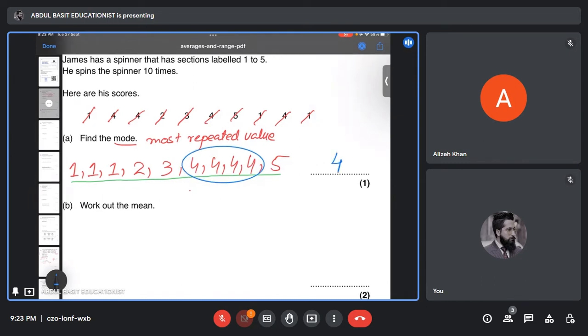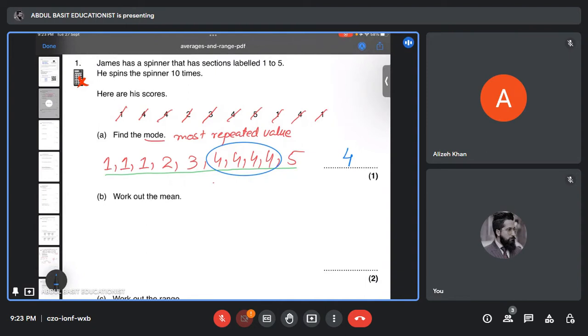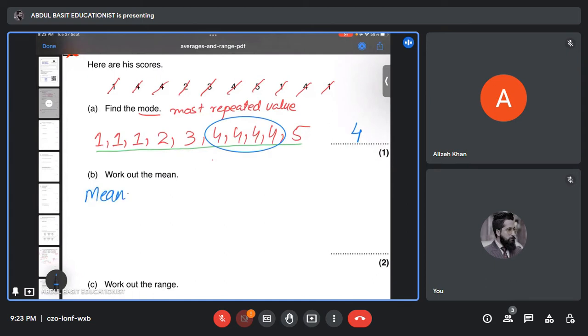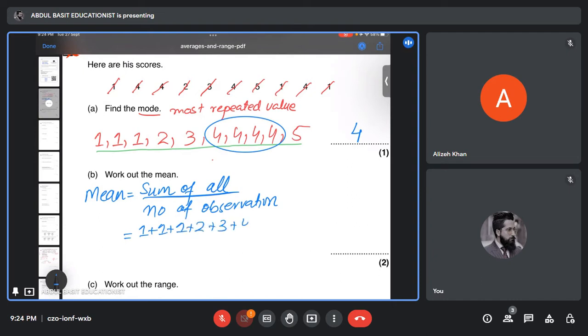It usually comes in paper number 1, which is without calculator. Now work out the mean. Mean means the sum of all divided by the number of observations. So let's add: 1 plus 1 plus 1 plus 2 plus 3 plus 4 plus 4 plus 4 plus 4 plus 5, divided by 10.